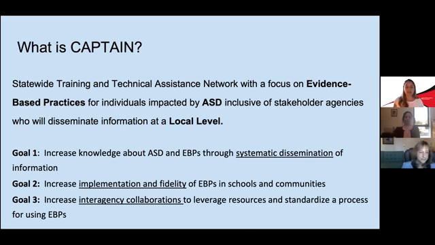One is to increase knowledge about autism and EBPs through systematic dissemination of information, so increasing knowledge. Two is to increase implementation and fidelity of evidence-based practices in schools and other community programs. So this is increasing use of evidence-based practice. And third, increasing interagency collaboration to leverage resources and standardize a process for using evidence-based practices.